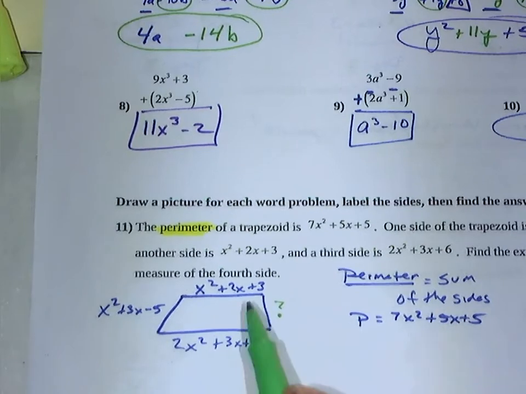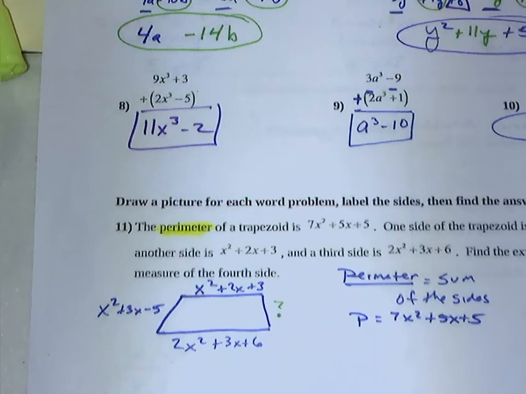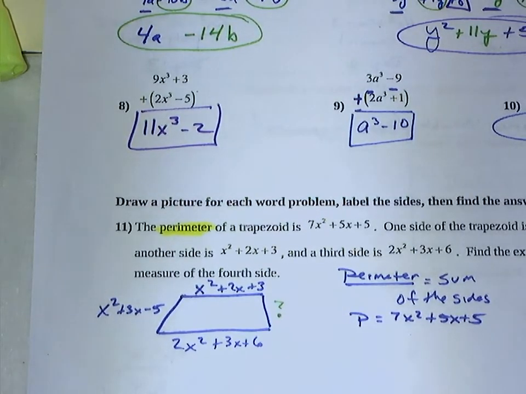So again, I have my perimeter, which is the distance around your object, the sum of the 4 sides. And they told us 3 of the 4 sides. So who has a suggestion on how we can find out the length of that 4th side? Yep.